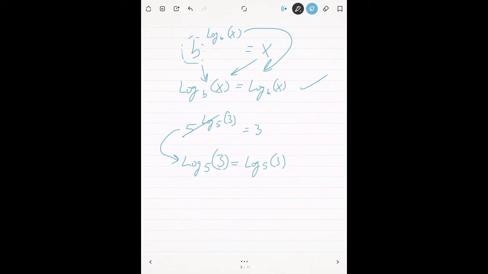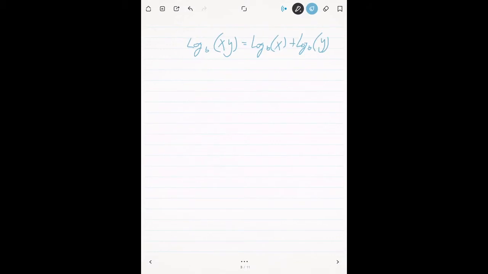Now let's take a look at the 3 properties that help us to expand logarithmic expressions. Now, for this property, we are going to need to define a couple things first. Let's go ahead, I'm going to change colors here. I'm going to start with the right-hand side.